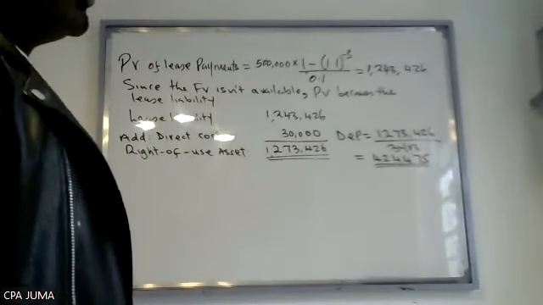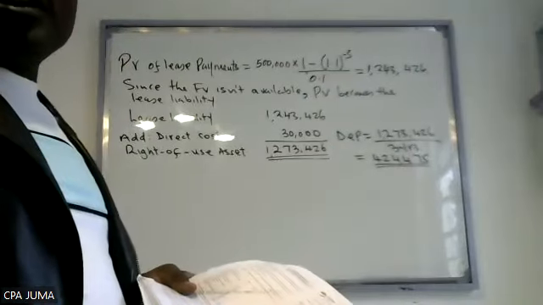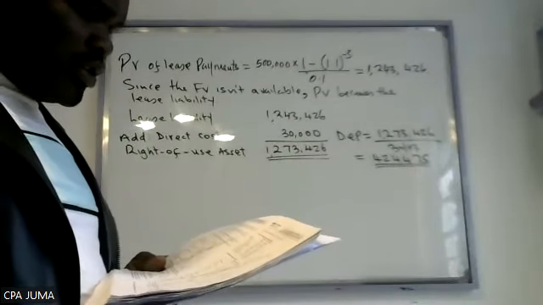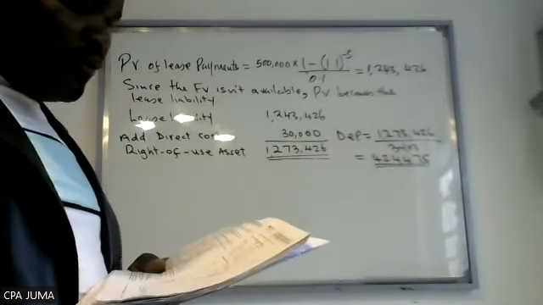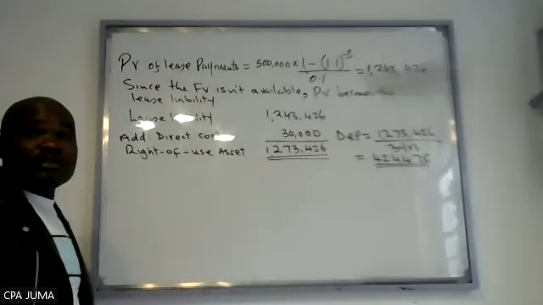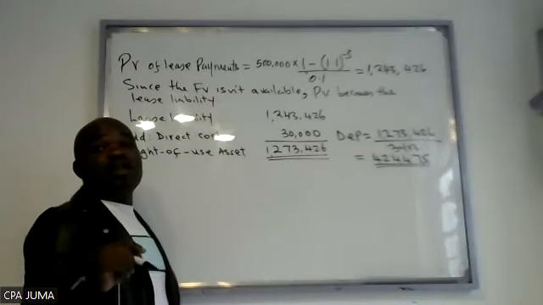But what did they say? Let us go to the required, please. Analyze the accounting treatment of the above lease transaction from inception and for the 3-year period. When they say from inception, they just give us journals.